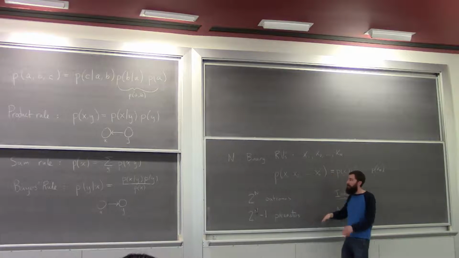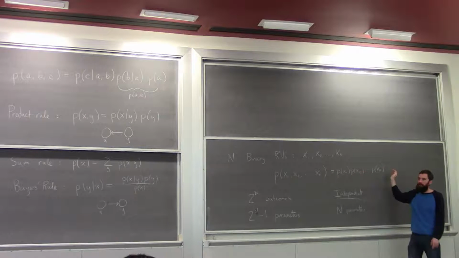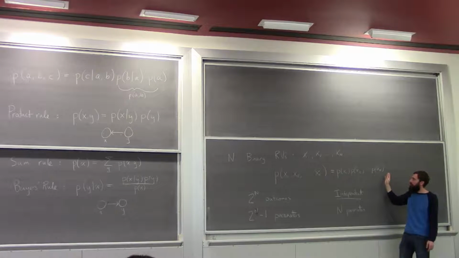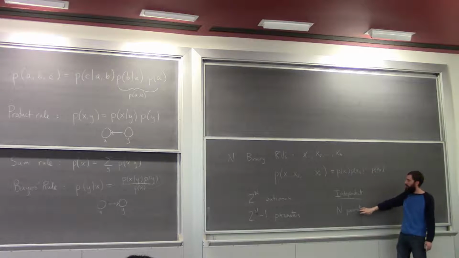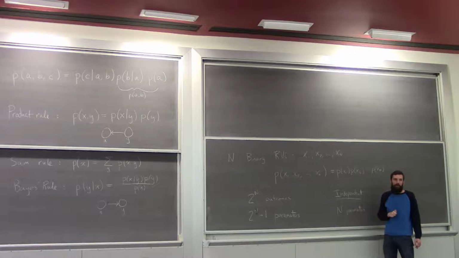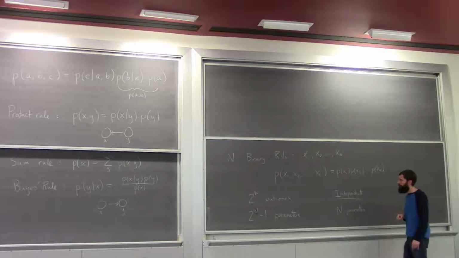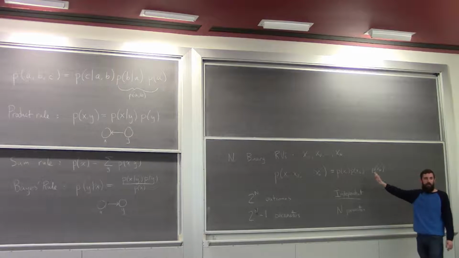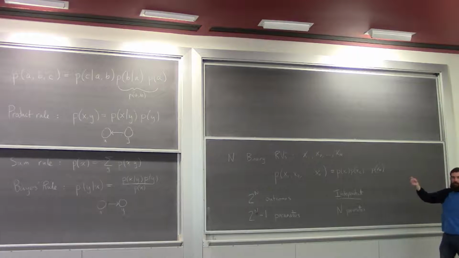If I make the most simplifying assumption I can, I get down to just N parameters. So that tells us that I can reduce the complexity of my problem by assuming some independencies in my random variables.